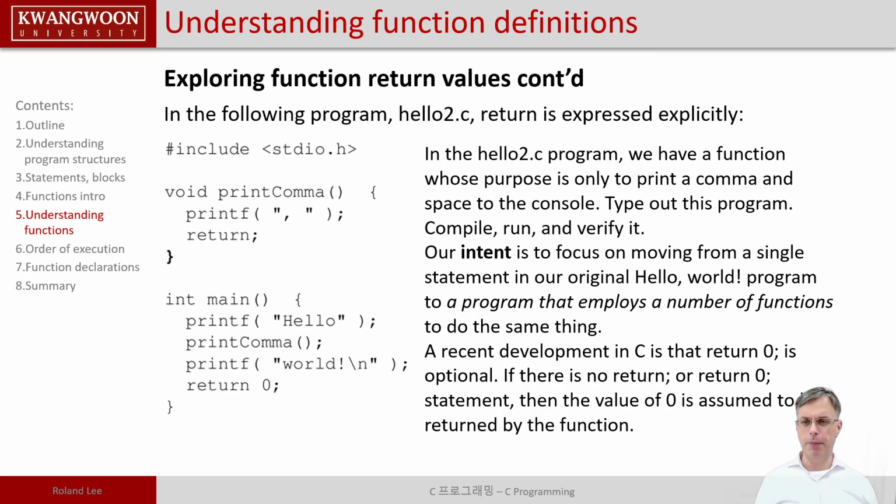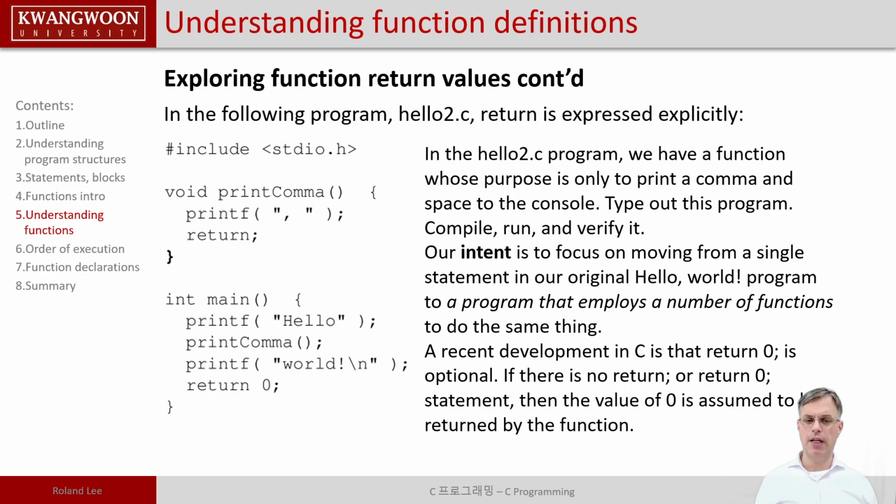A recent development in C is that return 0 semicolon is optional. If there is no return 0 semicolon statement, then the value of 0 is assumed to be returned by the function. This, by convention, means everything is executed normally and all is well.